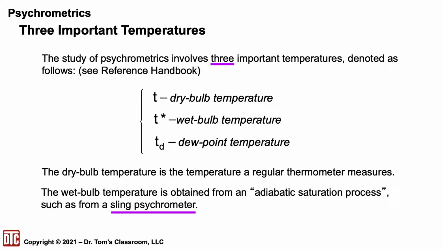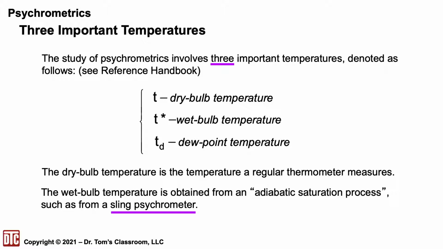The wet bulb temperature is obtained from what we call an adiabatic saturation process. That's just a fancy way of saying we're going to add water vapor to air, and that air will cool because of evaporation. But we're not going to remove any heat from the system.